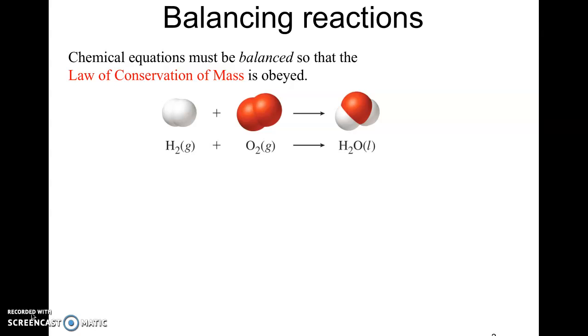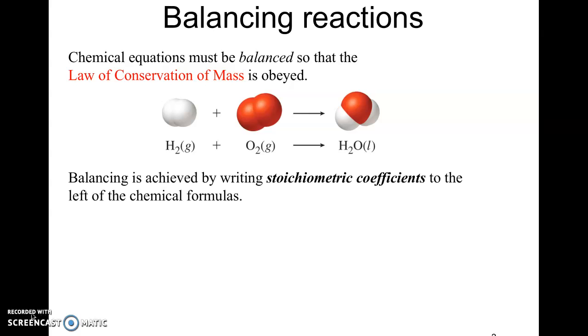So if we look at the reaction of the production of water from hydrogen gas and oxygen gas, we can tell what the species are from this, but we can see it is not balanced because we only have one oxygen on the right-hand side and two on the left-hand side.